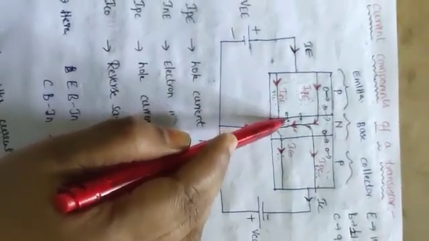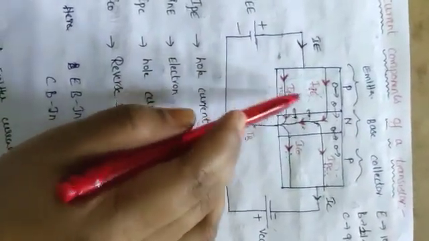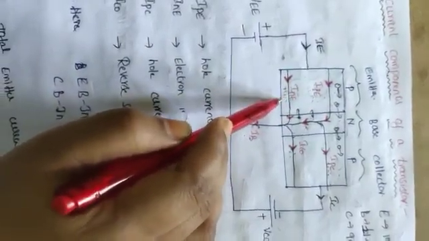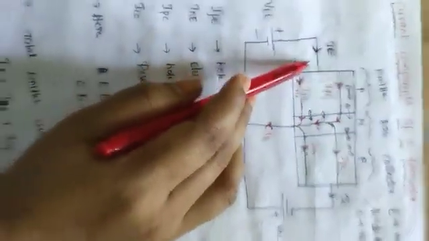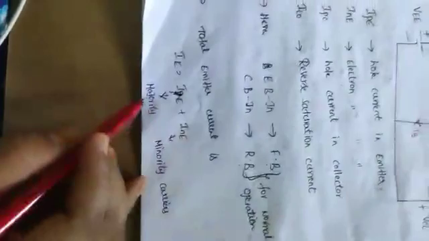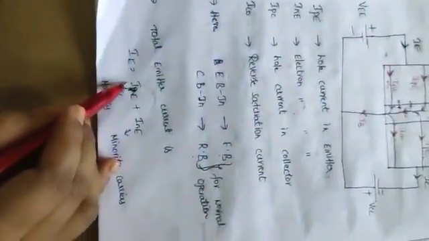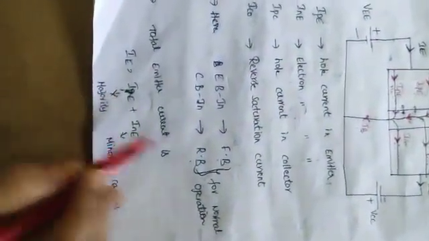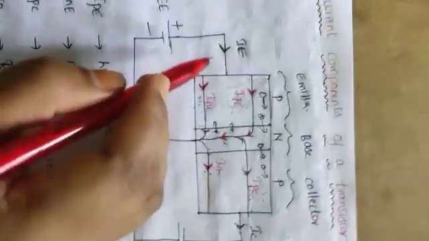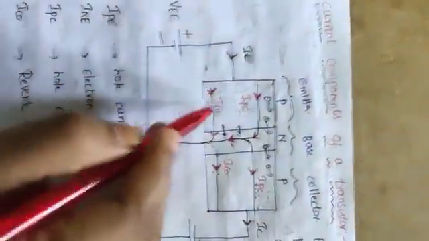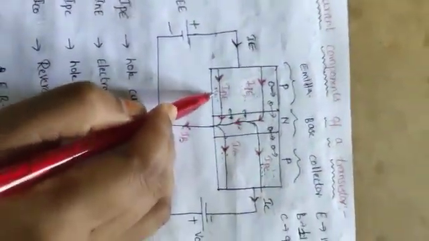So the total emitter current is IPE plus INE.